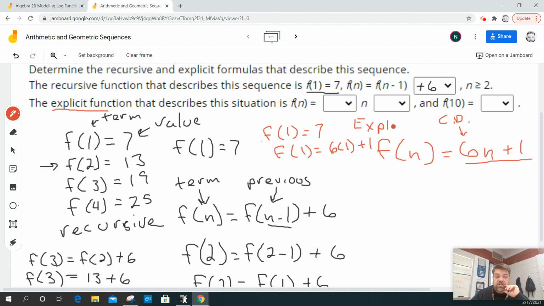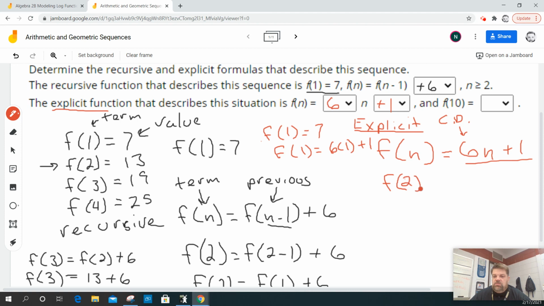This is like an equation that you guys are used to. Some textbooks would say implicit for this and explicit for that, but implicit and explicit mean different things, so I'm not going to get into that now. Just know that this is the explicit. So what we would put here is our common difference 6, and then plus 1 here.